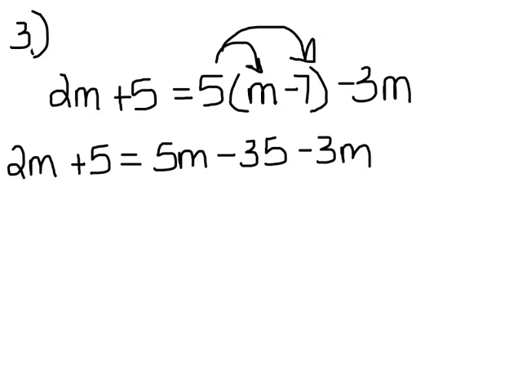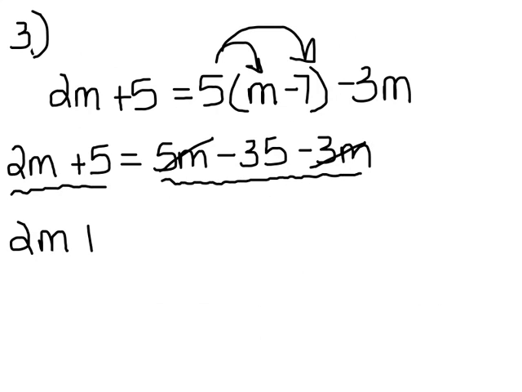Now we'll combine our like terms. There's nothing to combine right here. However, on our right side, we can combine this 5m with this minus 3m. So our new equation becomes 2m plus 5 equals 2m minus 35.